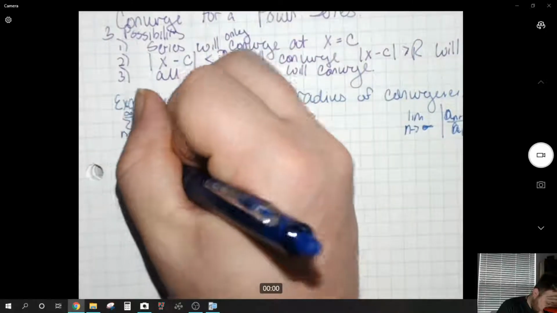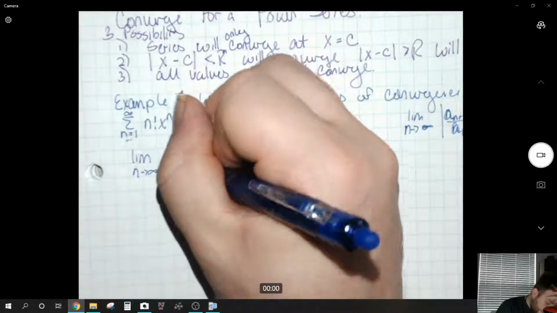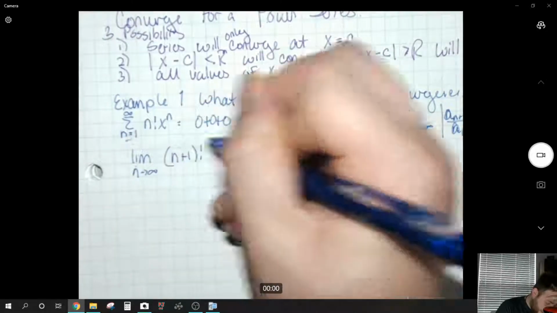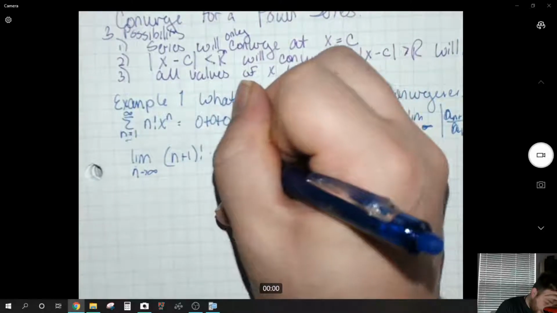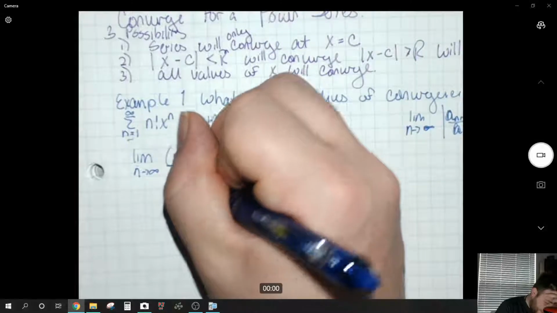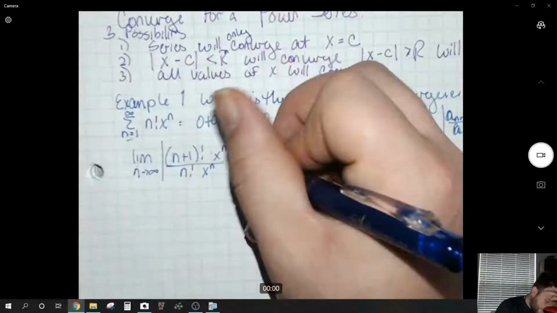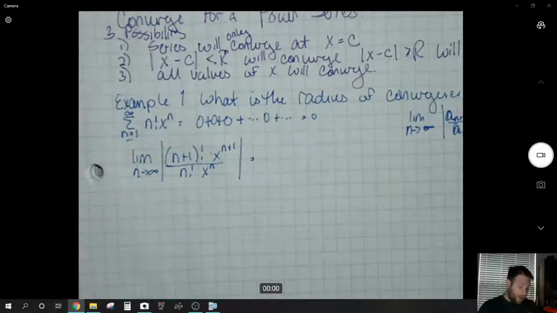So we're going to take the limit as n approaches infinity of the absolute value of (n plus 1) factorial times x to the n plus 1, divided by n factorial times x to the n. I'm going to simplify this to the best of my ability first.